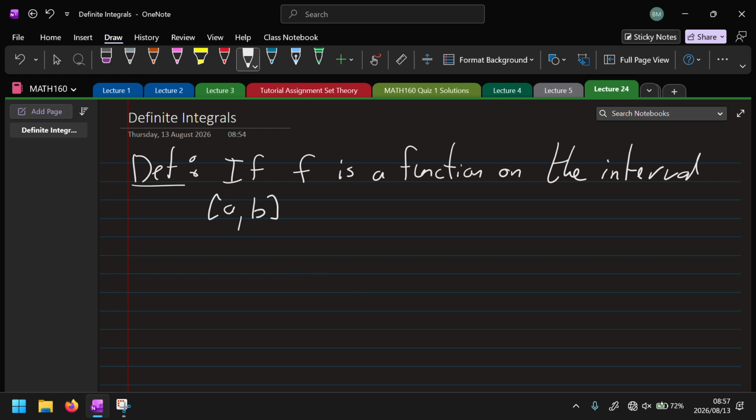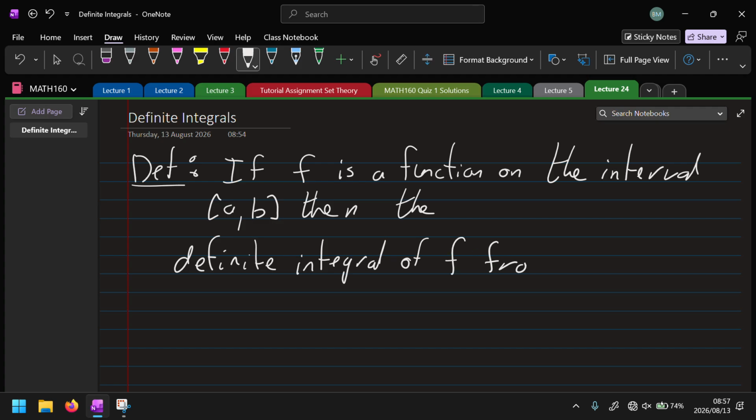Okay, on the closed interval AB, then, and all of this you just take as one thing, the definite integral of f from A to B, again, all of that you just take as one thing.